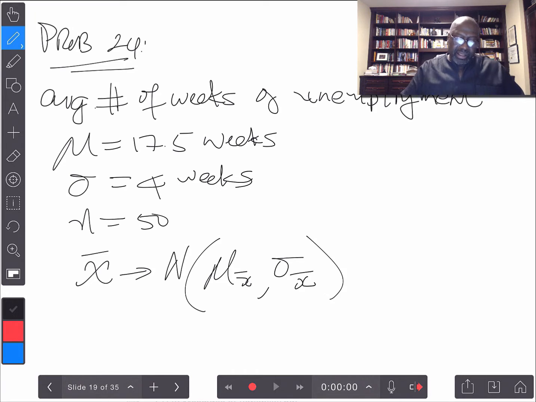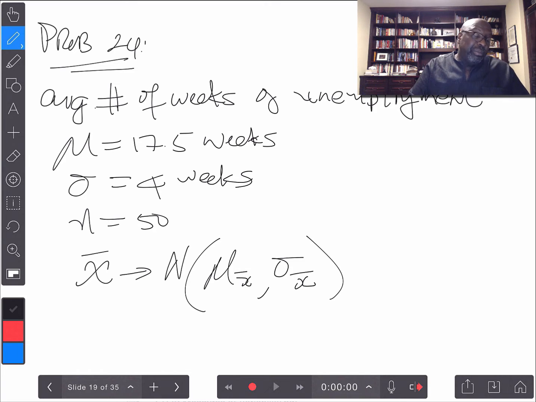That's a neat way to say that X bar is a normal distribution. We were not told that the population was normal, just that we had a mean and standard deviation. But because our sample size is large, we can apply the central limit theorem and say that the sampling distribution is normal.